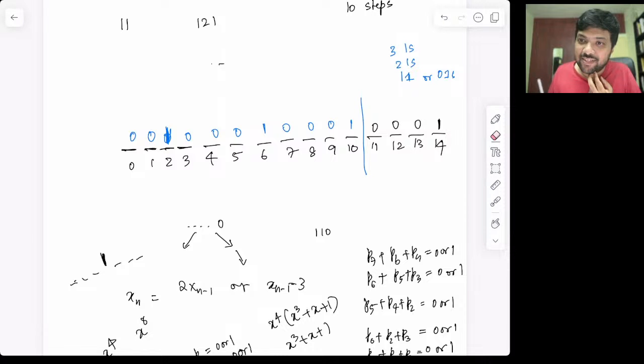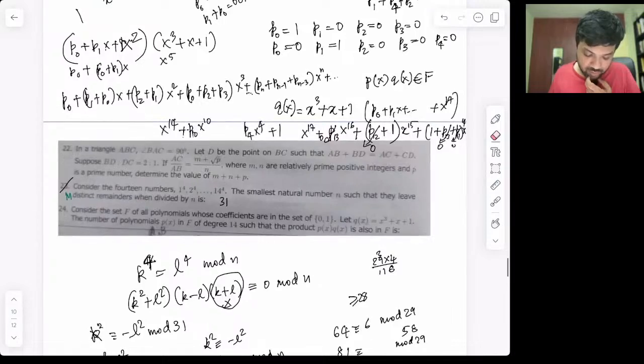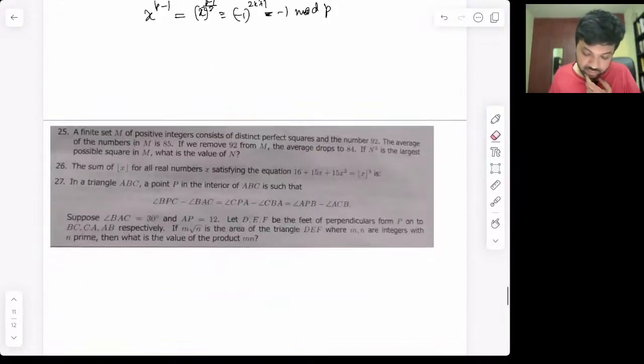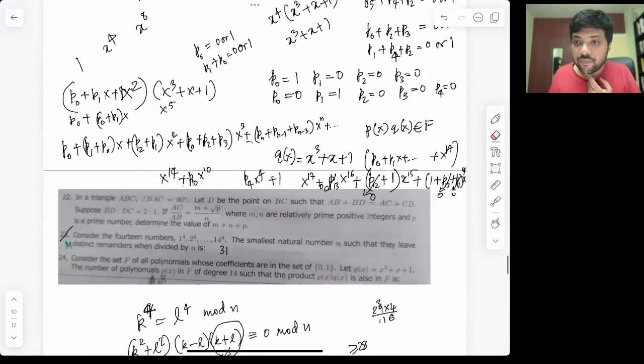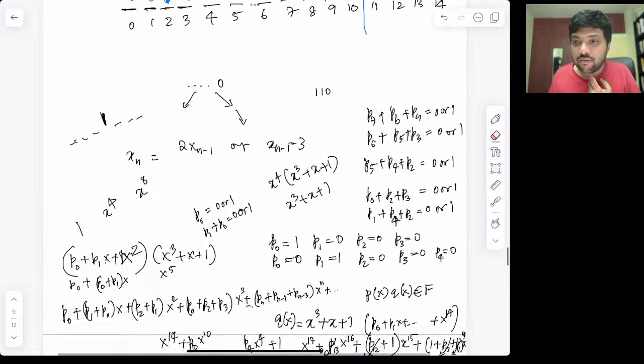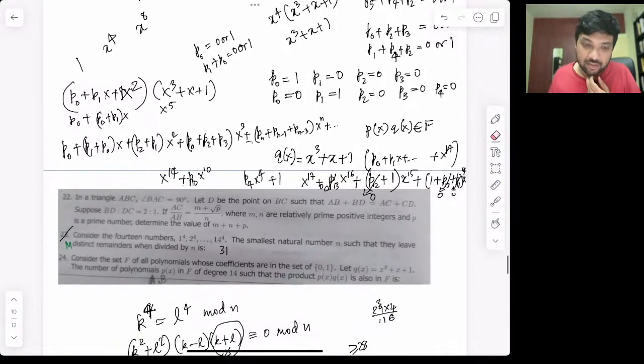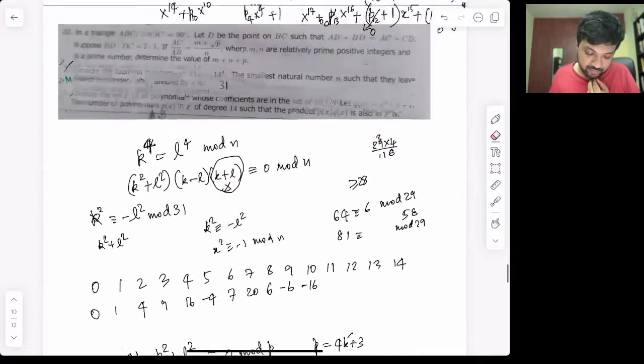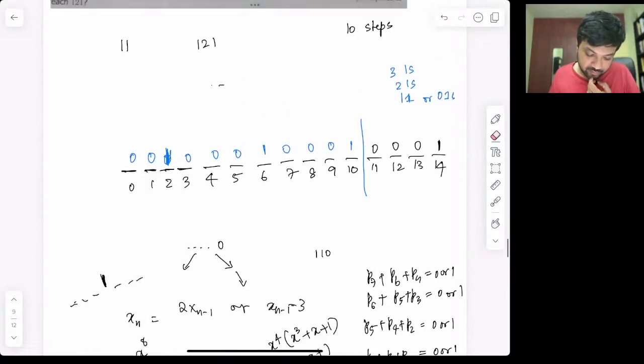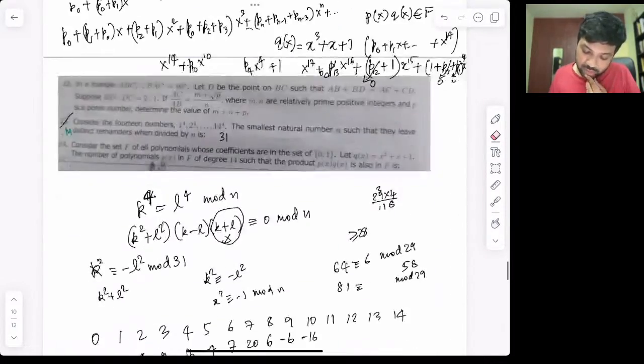The answer for 27 is 27 itself. Which problem is this? 27. I was trying to solve 24. So the question we are solving is problem 24. The one with the polynomial 0, 1, x cube plus x plus 1.